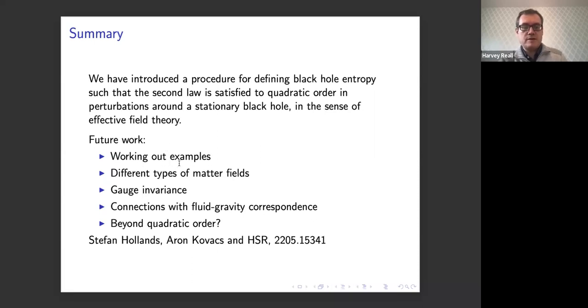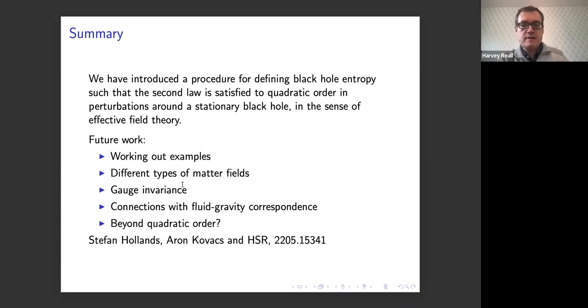One thing we started doing with Ian Davies was working out what this entropy looks like for some particular kinds of higher derivative theories. As I mentioned earlier, the calculations involved are very lengthy, and so one really needs to do all of this with computer algebra. So we used a package called Cadabra, which is very good for this kind of thing.